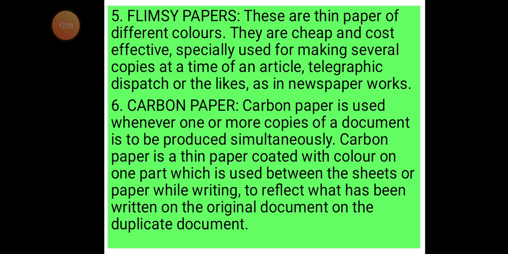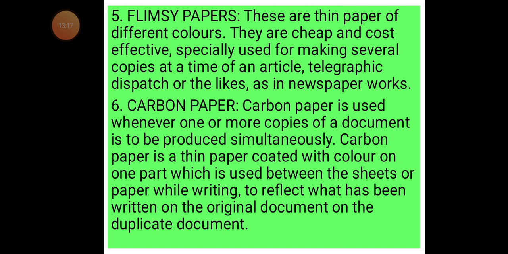It's very thin. Then two, we have the carbon paper. As you know, carbon paper is used to make a duplicate, to make one or more copies of a document. Carbon paper is a thin paper, but it is coated, usually in one same color, coated with color on one part, and it is used between the sheets of paper while writing to reflect what has been written on the original document onto the duplicate document.